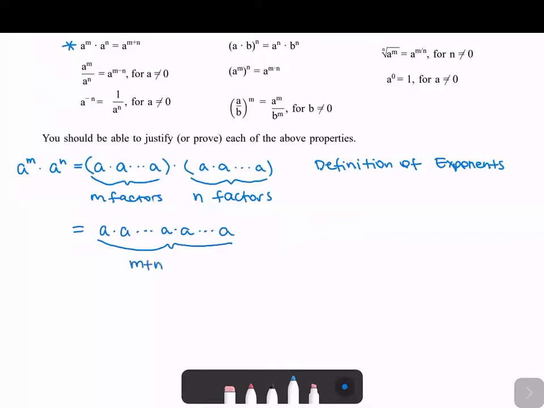So this is just m plus n factors, because it doesn't matter what order we multiply them in. We don't have to multiply the first m together and then the n together. We can just multiply them all. So this is the associative property.